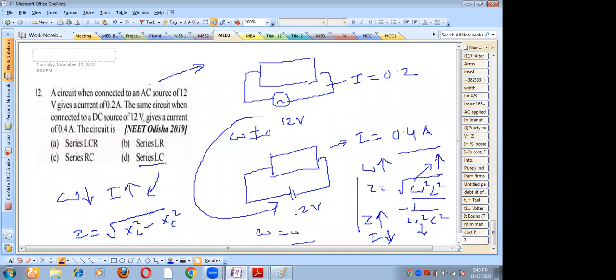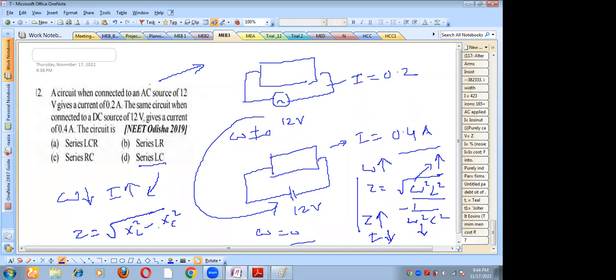Current should decrease. Got it? Yes, sir. When we consider the LC circuit, Z will be XL square minus XC square, with XL as omega L and XC as 1 by omega C. So when omega increases, Z will increase, therefore current should decrease.